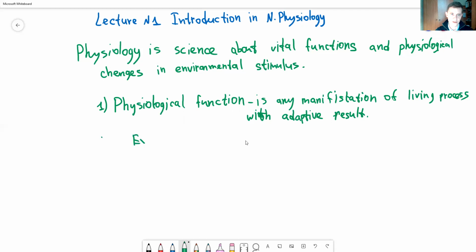Examples of the physiological functions. We know these as simple body processes like respiration, digestion, excretion, etc. These are physiological functions. The next important terminology is physiological reaction.